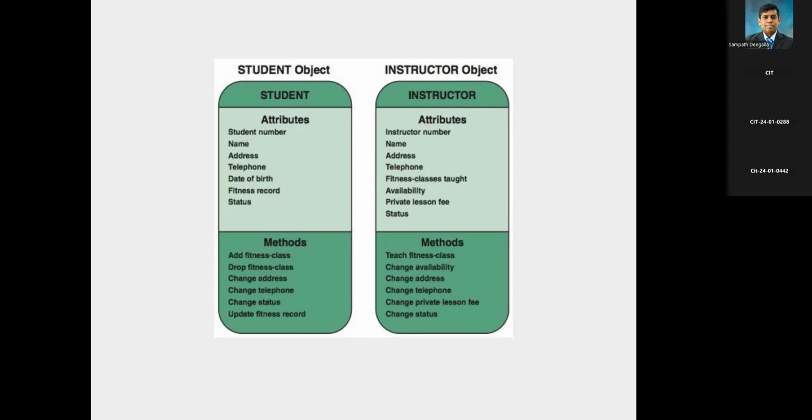You should be able to withdraw from this fitness class. And then there could be some methods to change your attributes, like you can change addresses, change telephone numbers, and even change status, right?